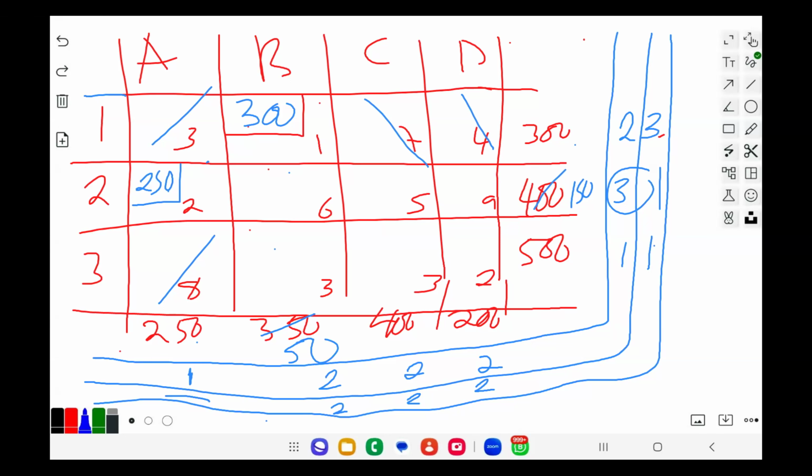Once we are done doing this, again, we need another set of penalties for the remaining cells. Now the first row and the first column are cancelled, so you're just dealing with these other rows. So 6, 5, 9, the penalty is 1, right?